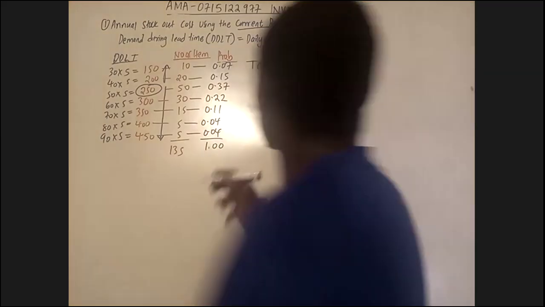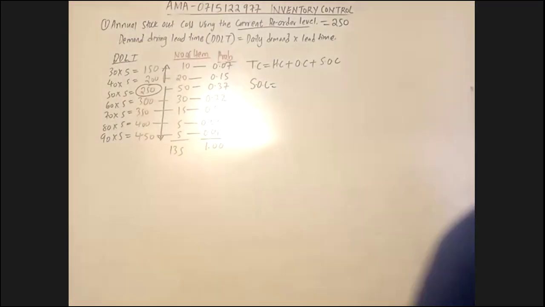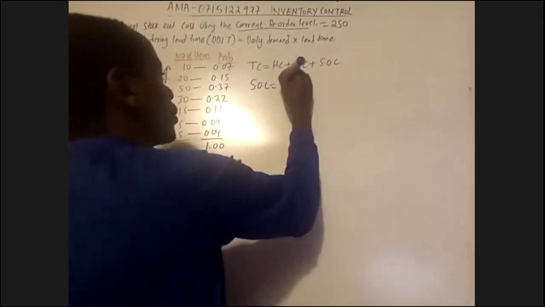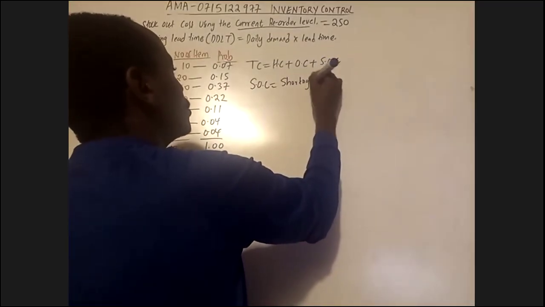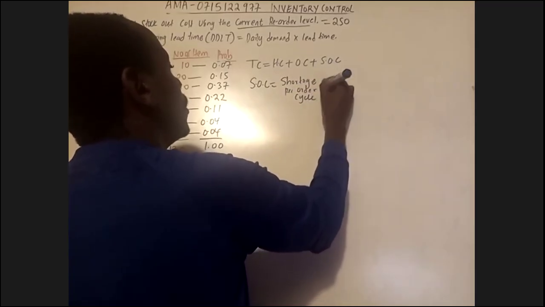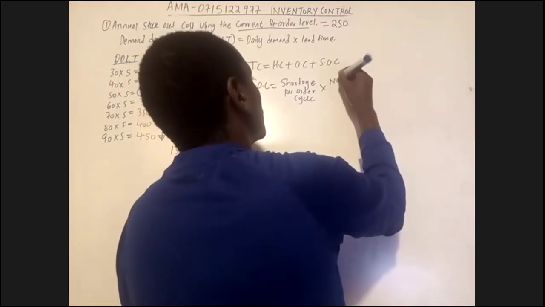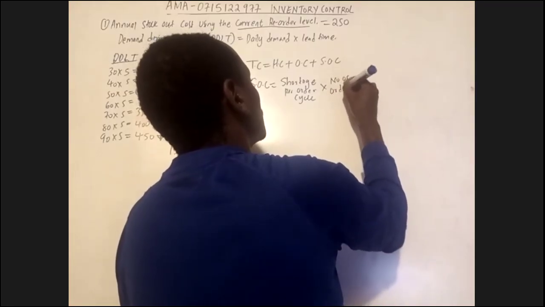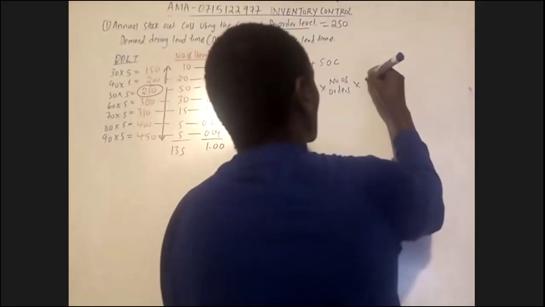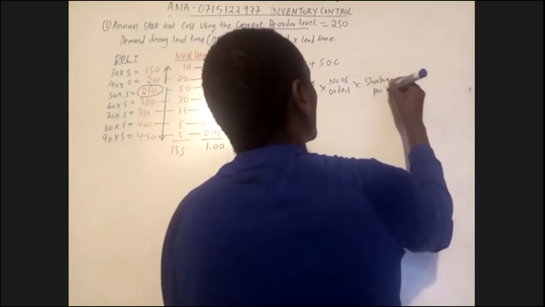Now how do you get the shortage cost? Hapo ndio kuna issue. Our shortage cost itakuwa ni shortage per order cycle times number of orders times shortage cost per unit.